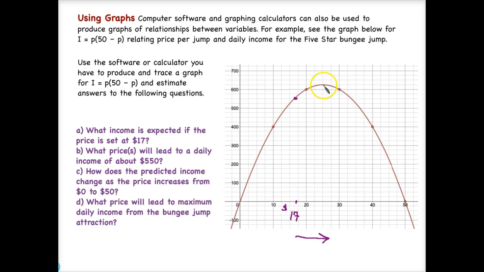Well, all we have to do is find this highest point right here to determine that at $25, we will receive a maximum income of $625. So, if this was my bungee jump company, I would set my price at $25 per person so that I could receive the maximum amount of income.